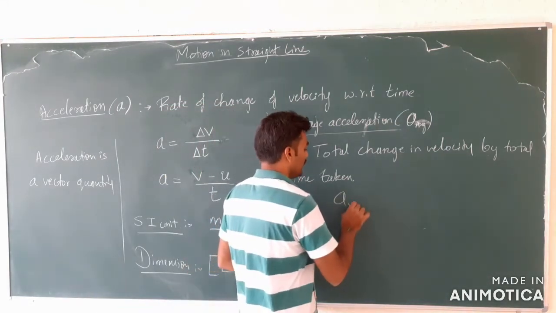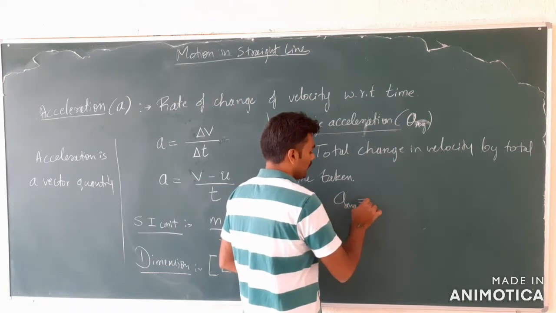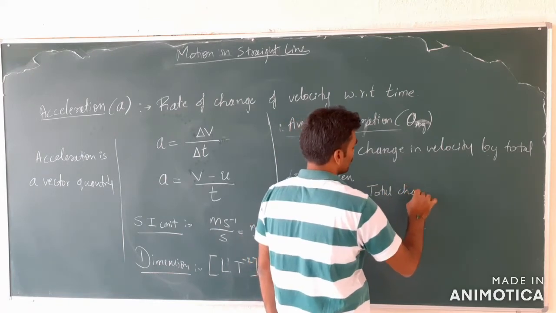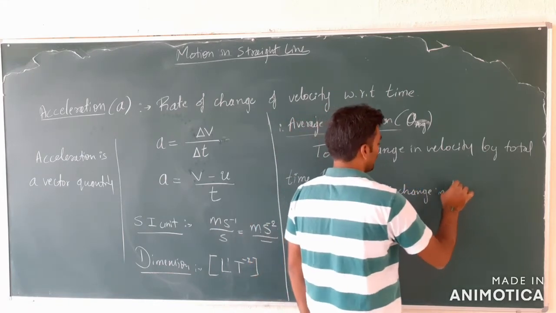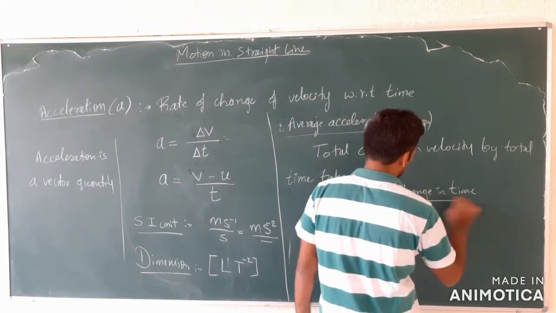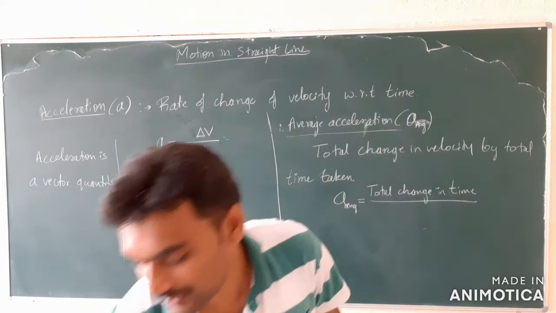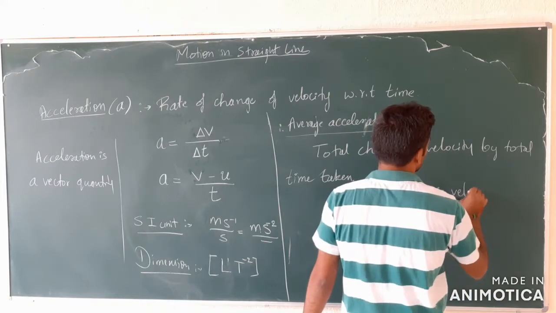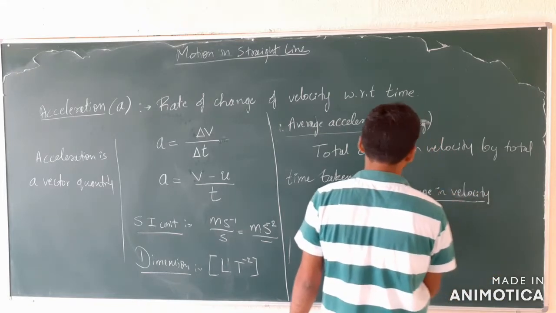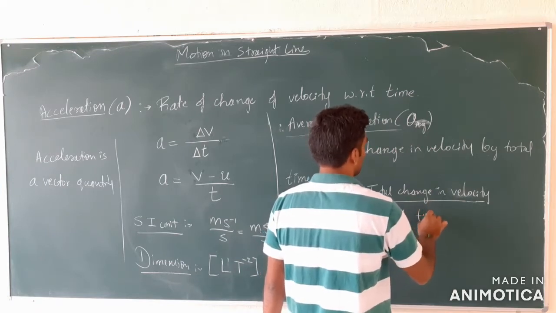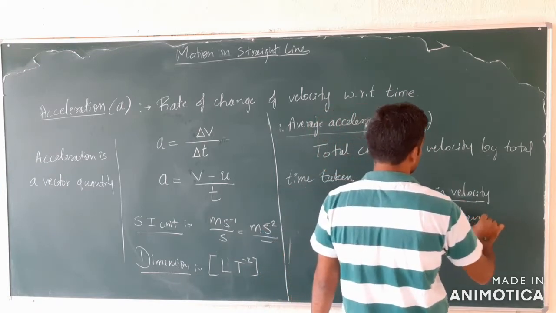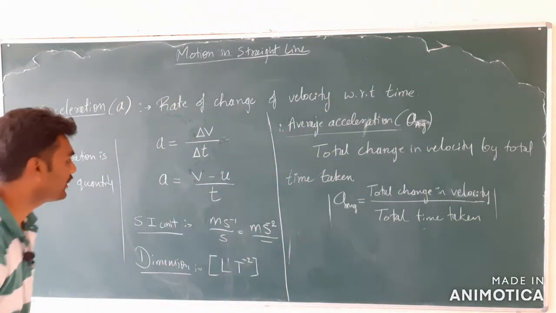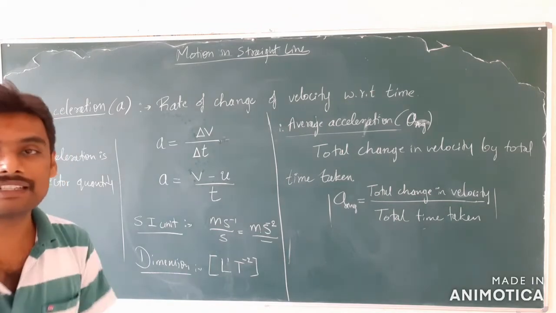So a avg is equal to total change in velocity by total time taken. This is the expression for average acceleration, very easy. Now let us see what is instantaneous acceleration.